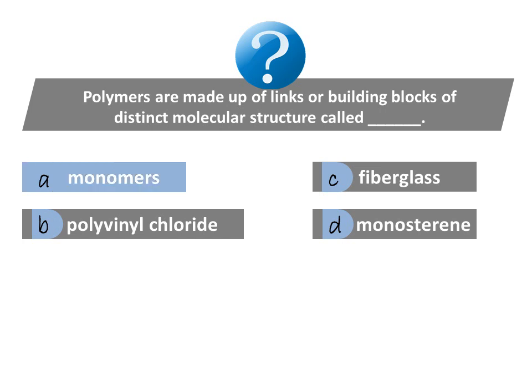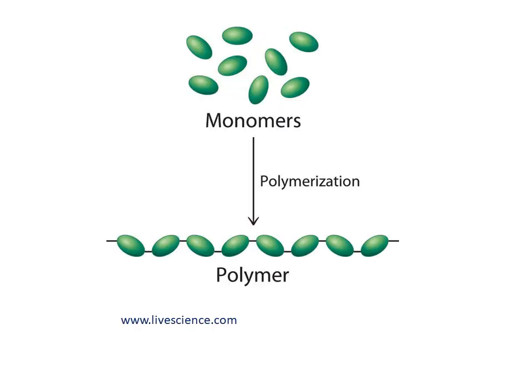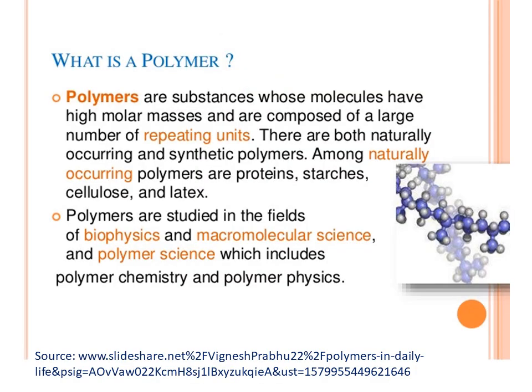Ibig sabihin po ng mono, one. Monomer. Yung ibig sabihin naman po ng poly sa polymer is many. So, yung polymer, it is made up of mga maraming monomer. So, ano ba yung polymer? Ito. Yung mga monomers, pag naglilink siya or dinudugtong-dugtong, it will result to a polymer.